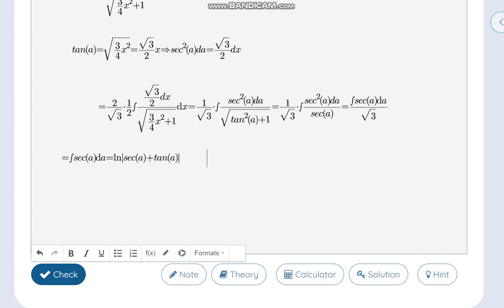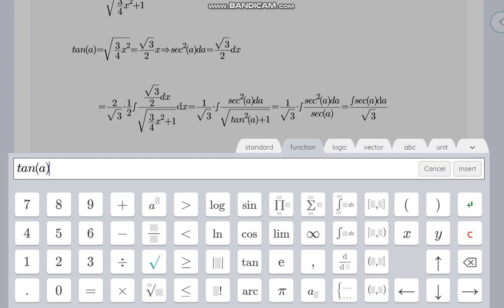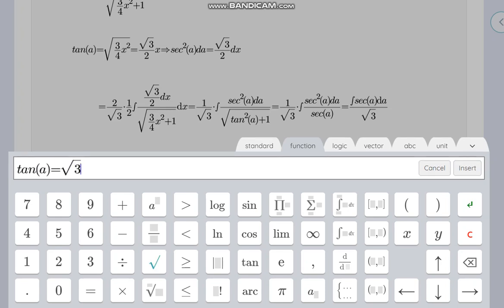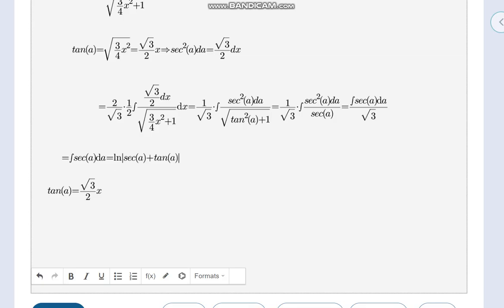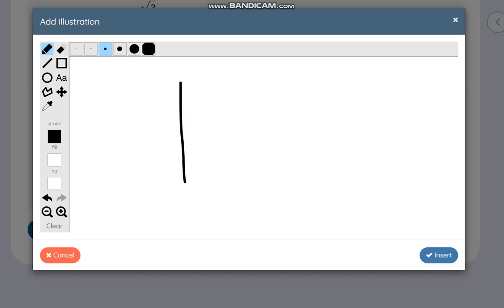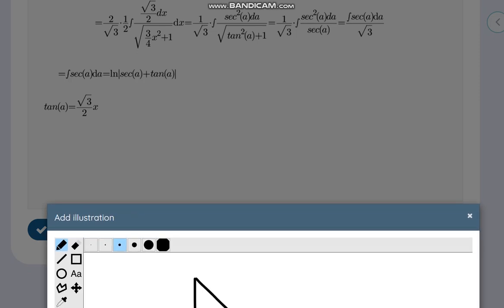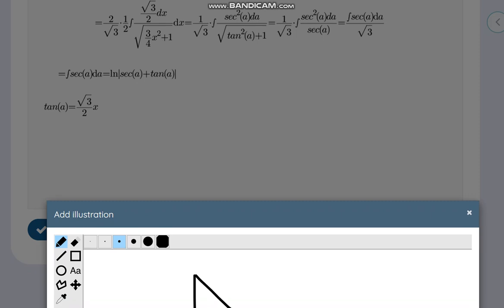So remember that we had tangent of a equals the square root of 3 over 2 times x. If you want to visualize that in a right triangle, excuse me, if this is a, look at the fact that the tangent of a equals square root of 3 times x over 2.